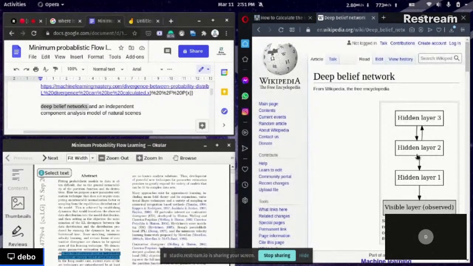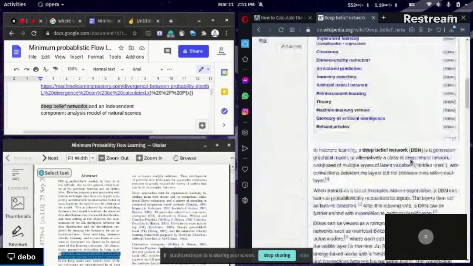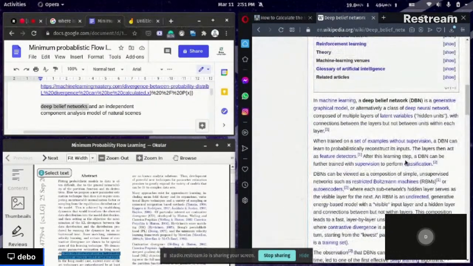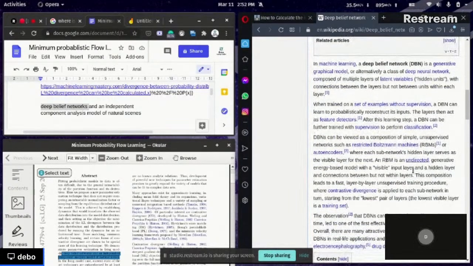Okay, now in machine learning, a deep belief network is basically a generative graphical model, or alternatively a class of deep neural networks composed of multiple layers of latent variables with connections between the layers but not between units within each layer.